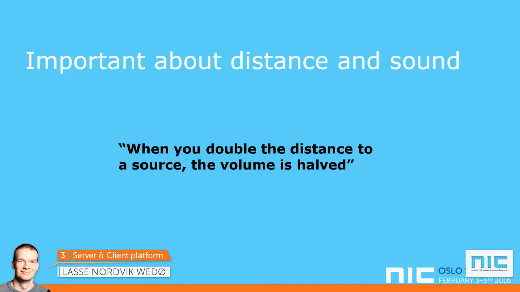And there's a fundamental law that when you double the distance from the source, the volume is halved. So if I didn't have this microphone and we have these amplifiers and speakers, I would be speaking very loud in order to reach the guy on top. And you in front would have a lot of noise.